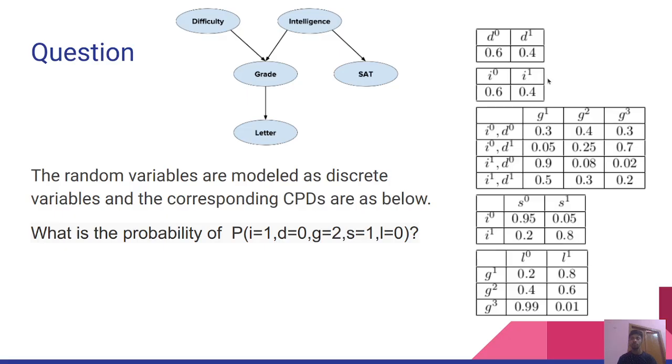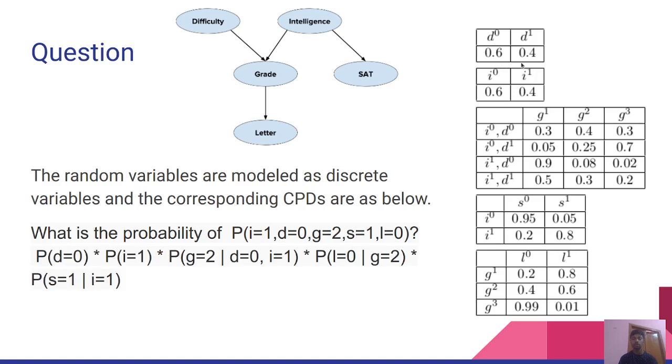Yeah, so P of I equal to 1 is here, and the option is 0.4, and then P of D equal to 0, that is 0.6. So up to this, I hope it is fine. So this is how we have to find out.